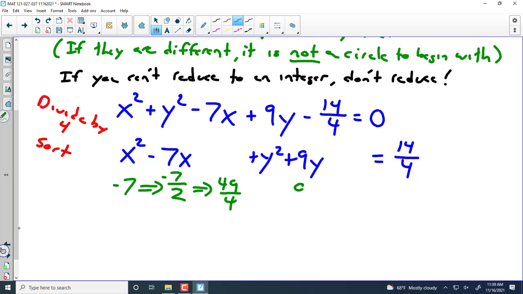I take the 9. How do you cut 9 in half? What do you write? 9 halves. Leave it as a fraction. It'll make your job a lot easier. 9 halves. I square 9 halves. What does that become when you square it? Not double it, square it. 81/4.